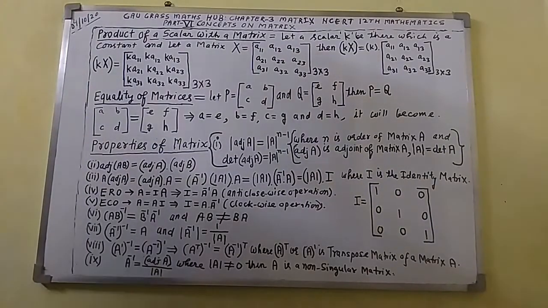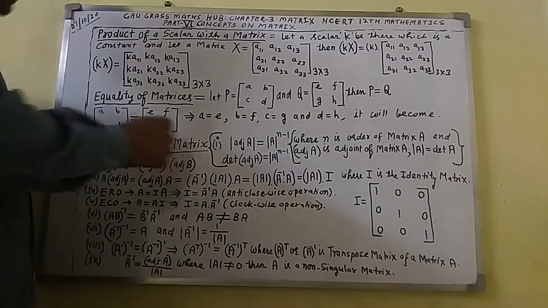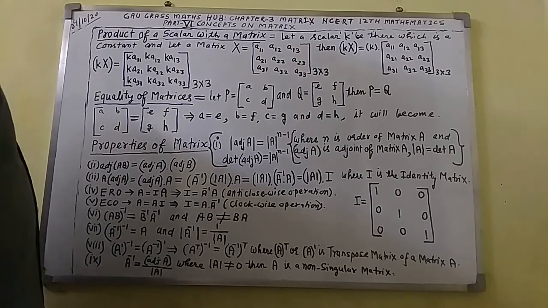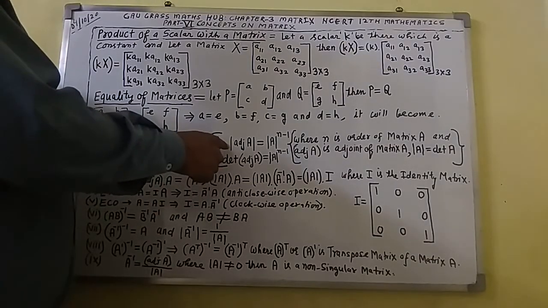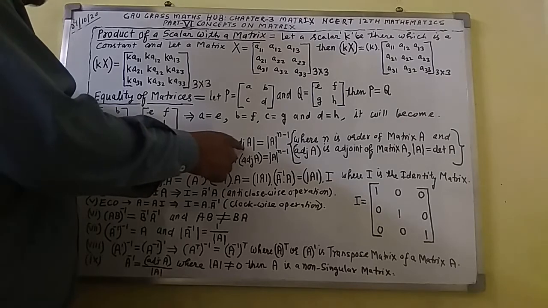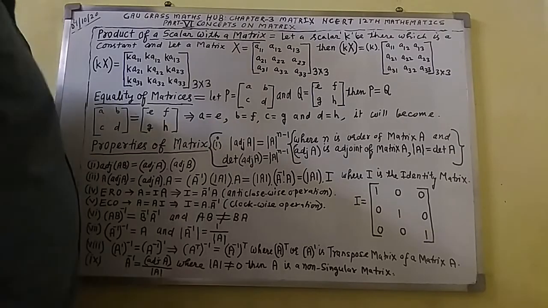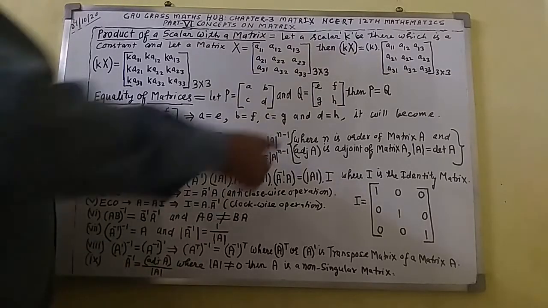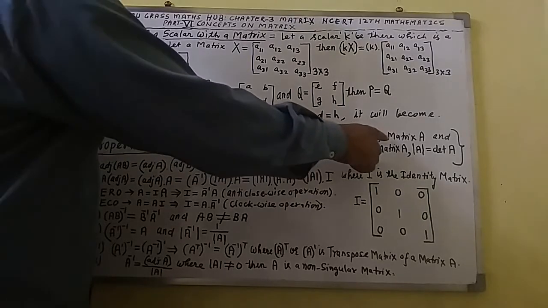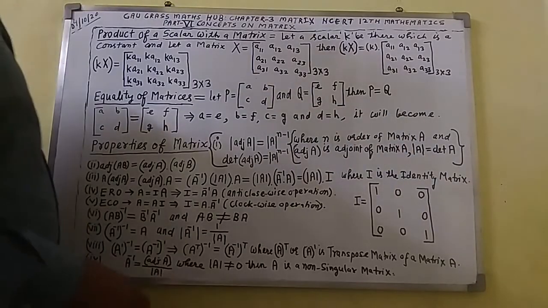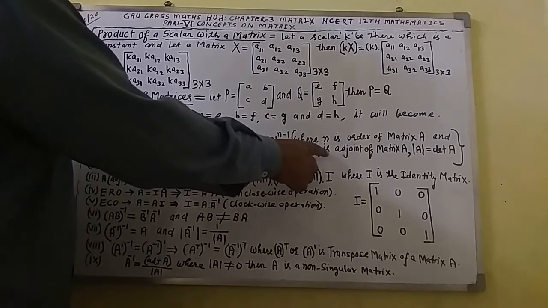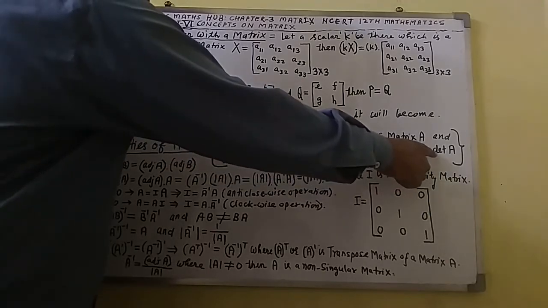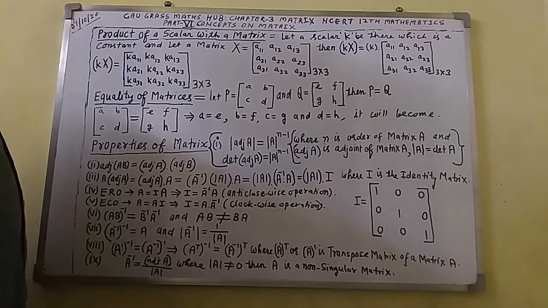Now come to the next properties of matrix. First property I have discussed here. Det adjoint A equal to det A raised to the power n minus 1, where n is the order of matrix A and adjoint A is the adjoint of matrix A. Det A equal to det A, it will be mentioned.